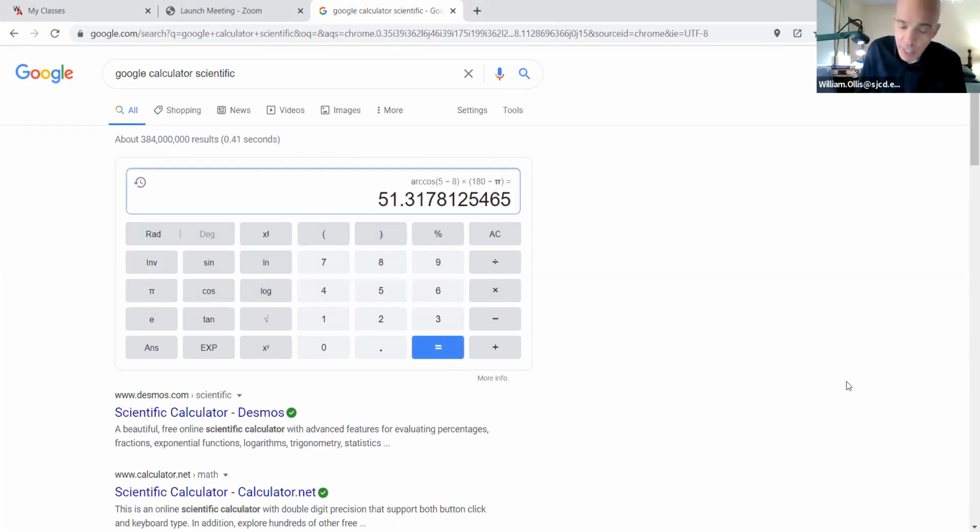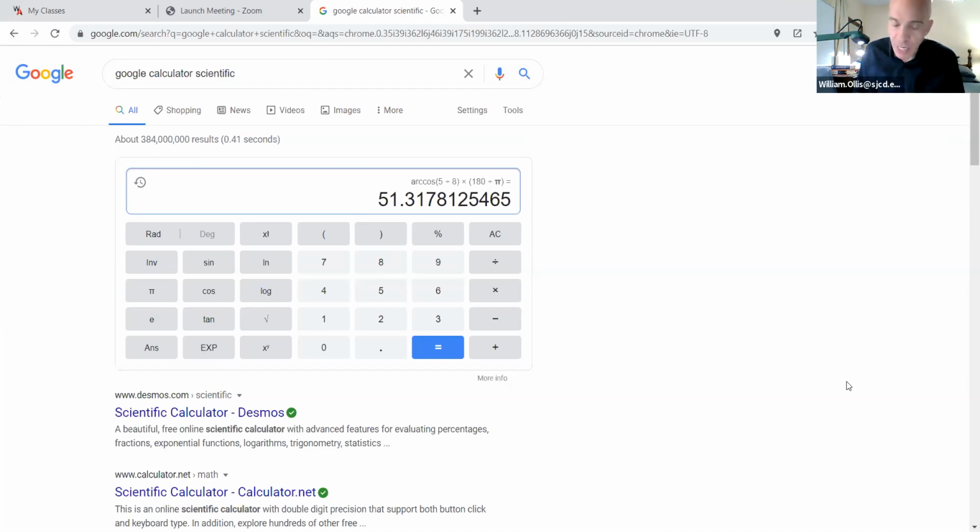And this will give us 51.3178. If we round to 1 decimal, which you were asked to do in the WebAssign, this gives us 51.3 degrees.